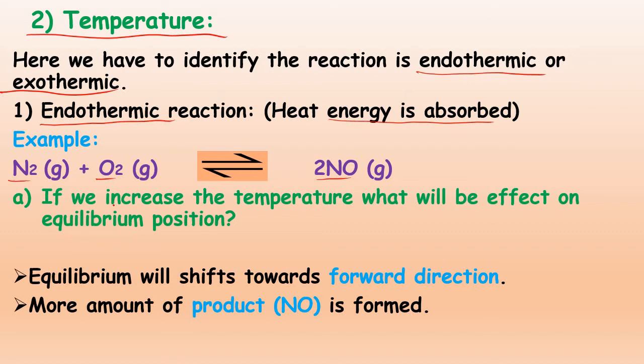Now if we increase the temperature here, what will be the effect on the equilibrium position? As I have told you earlier, you have to write two points, because the question will be of 2 marks, so it will require 2 main ideas.